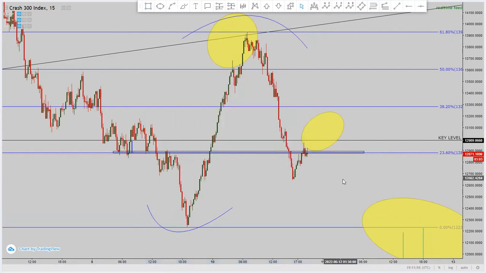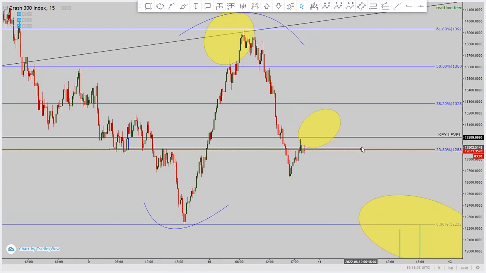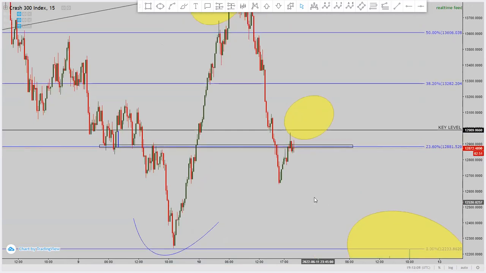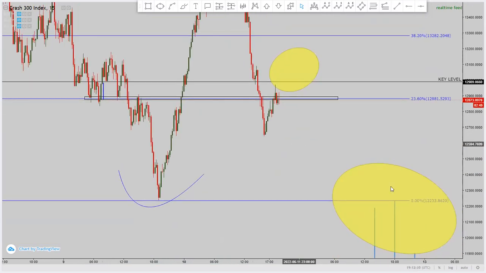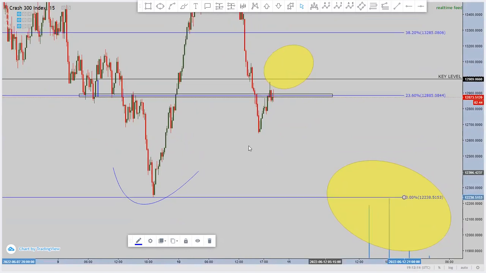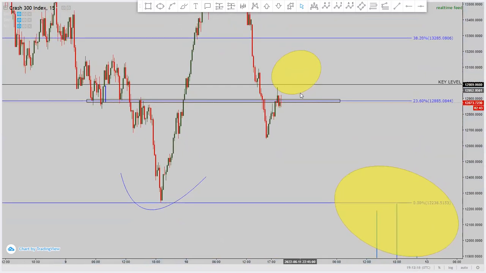So that is it, guys. That is it for the VIX and the Crash 300. This area here is also a key area. Once price closes below, chances of it continuing going down to the 0% are also there. So it's actually an opportunity as well.